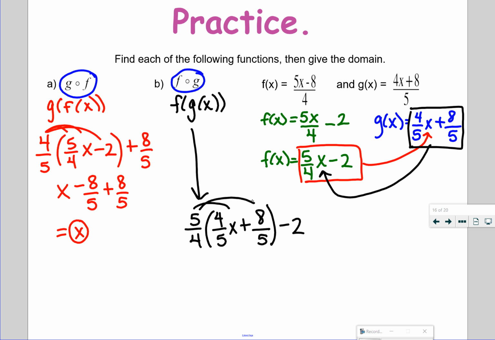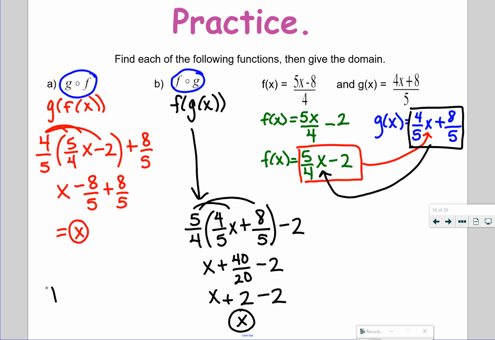Distribute. Again, I'm going to have 20/20, which is just 1x, plus I'll have 40/20 if I multiply those fractions, minus 2. 40 divided by 20 is 2. Minus 2 cancels, and again you are left with x.